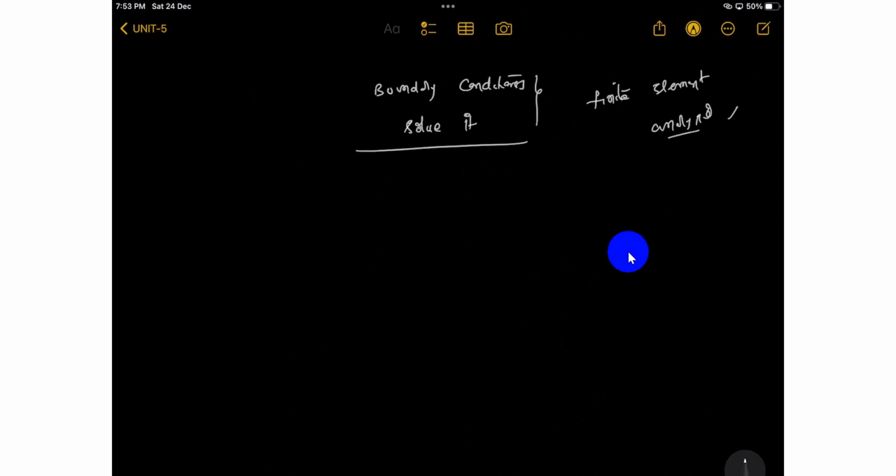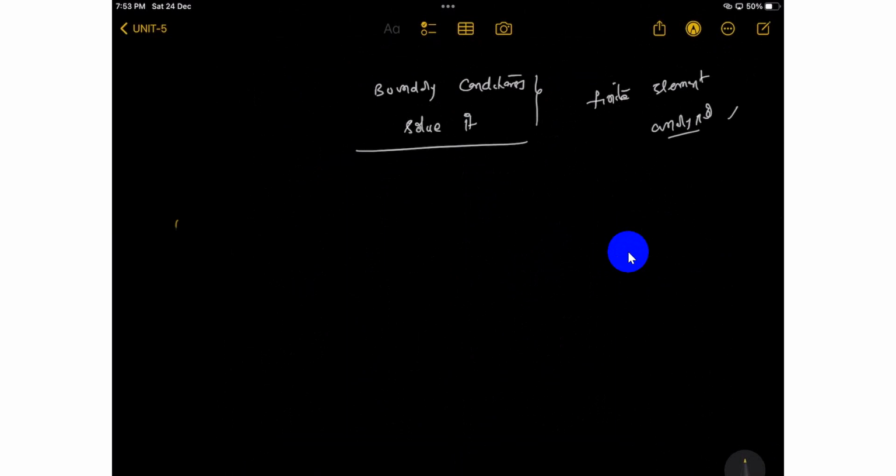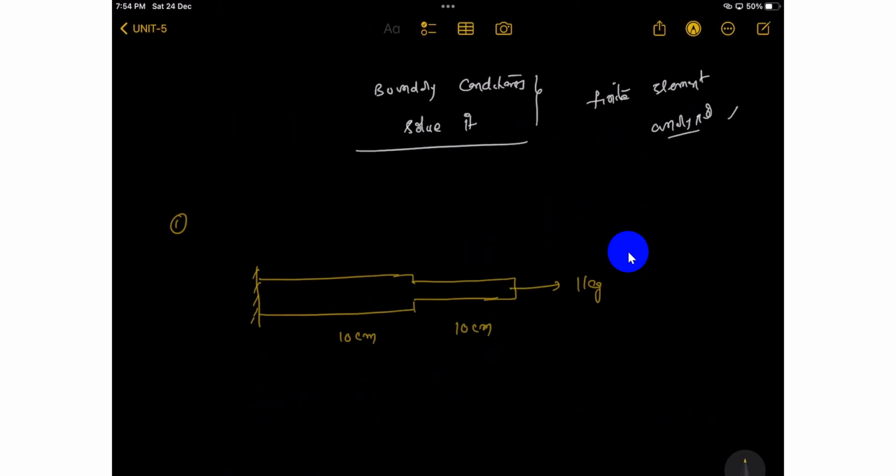Okay, so first problem. A bar with a 1 kg load, 10 centimeters, and this is also 10 centimeters.